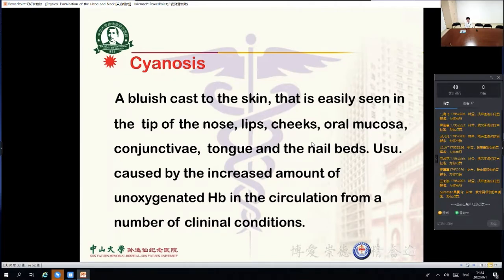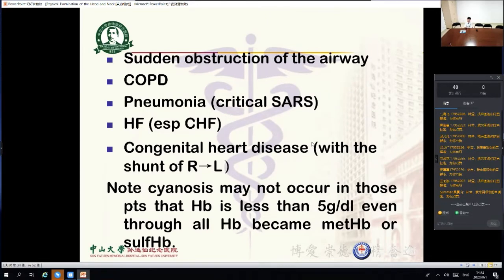So cyanosis can be seen in the following pathological situations. Okay, please remember this. This kind of clinical occurrence, these patients will show cyanosis.